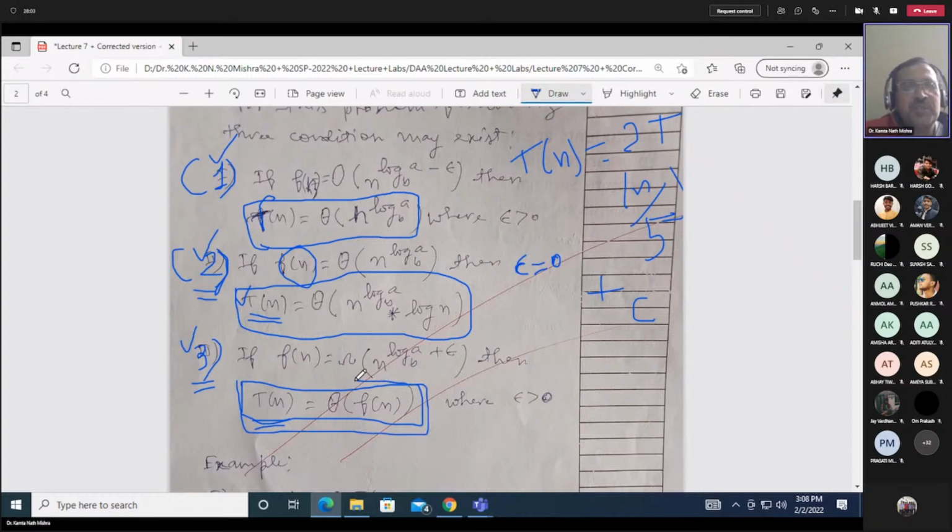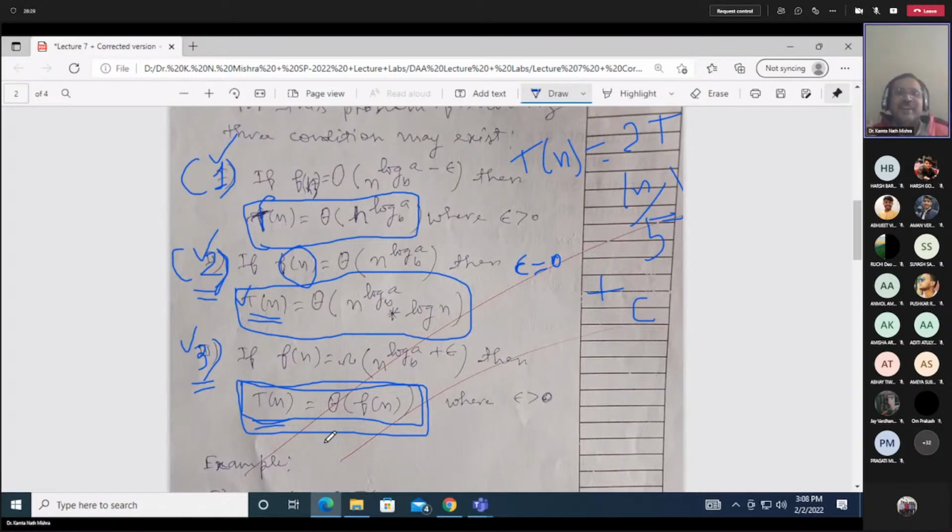First, T(n) equals theta of n power log a base b. Second, T(n) equals theta of n power log a base b into log n. And third, T(n) equals theta of f(n).